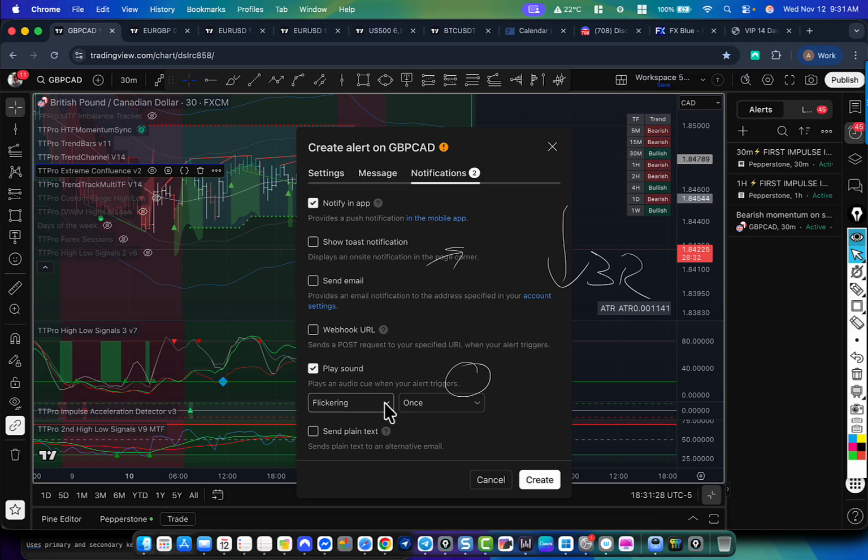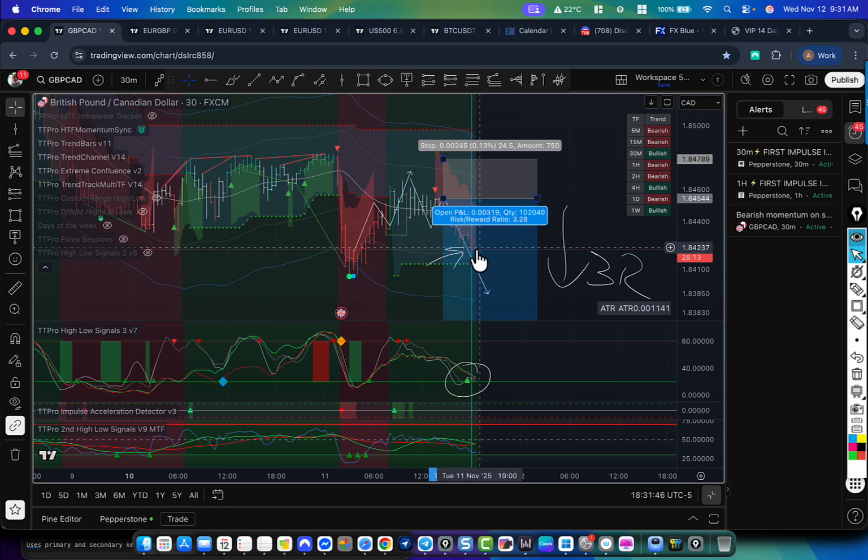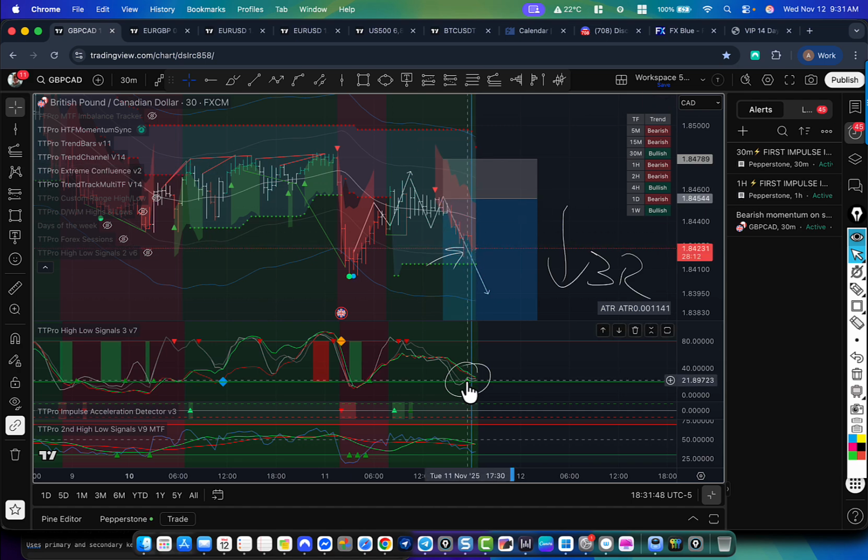I will set a different sound. I set that one to exit and then create. And the other exit you could also set is this one here if you want to. This gave you an alert, whereas Extreme Confluence didn't give you an alert there. So this one is telling you it's a good time to take partial profits.